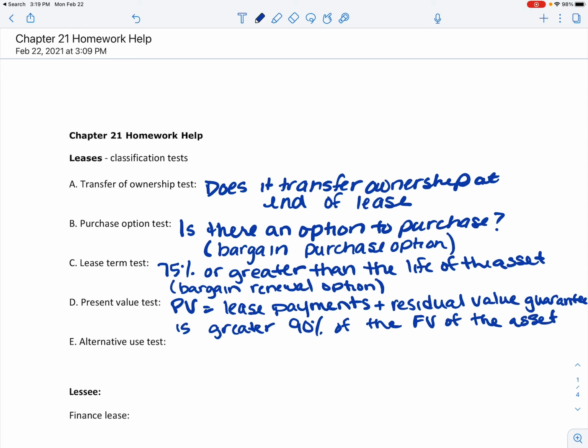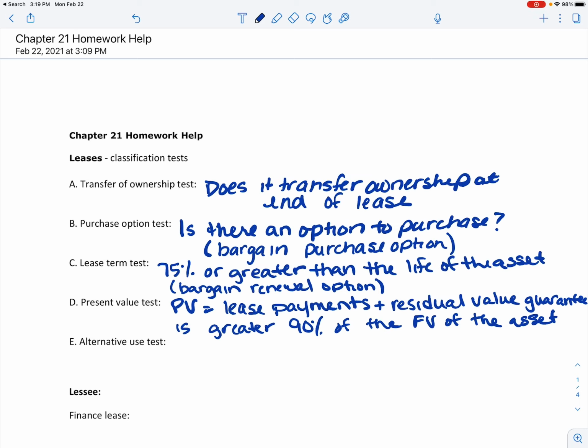So that's what we're looking at there. First, we look at the present value, which is all of your lease payments combined plus the present value of your guarantee, and is that greater than 90% of the fair value of the asset?